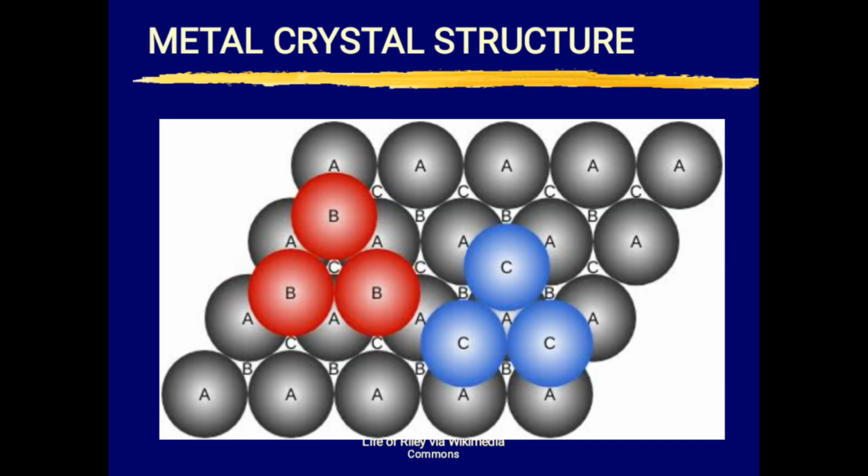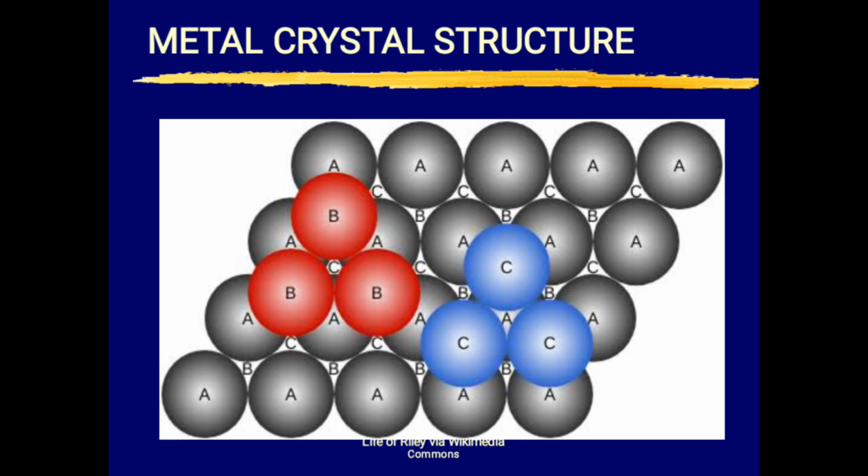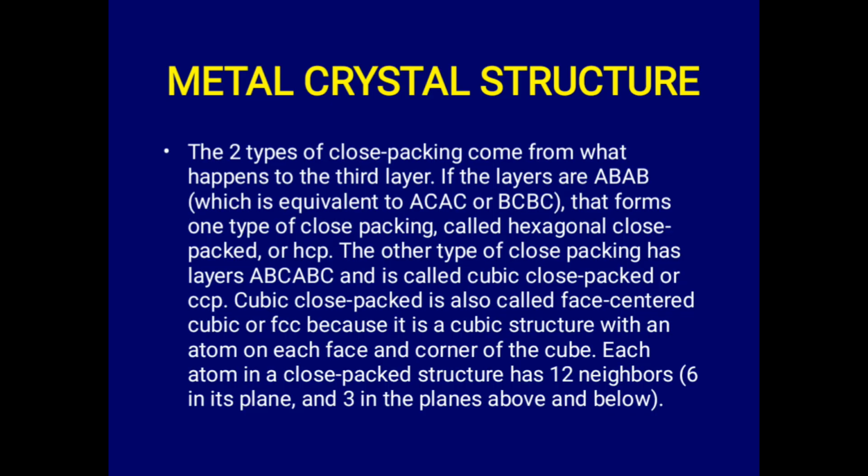So we can see like this how a typical close packing looks, and this is how metal crystal structure looks. These are typical close packings. There are two possible close packings, like we have mentioned. We have the hexagonal close packing and the cubic close packing as well.